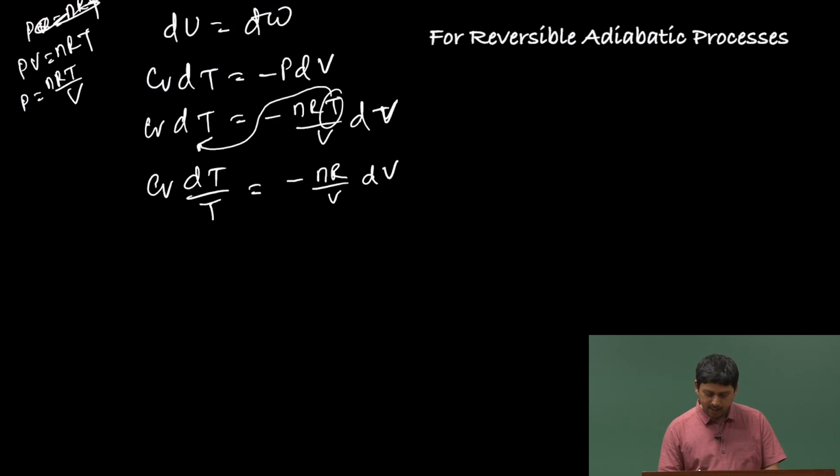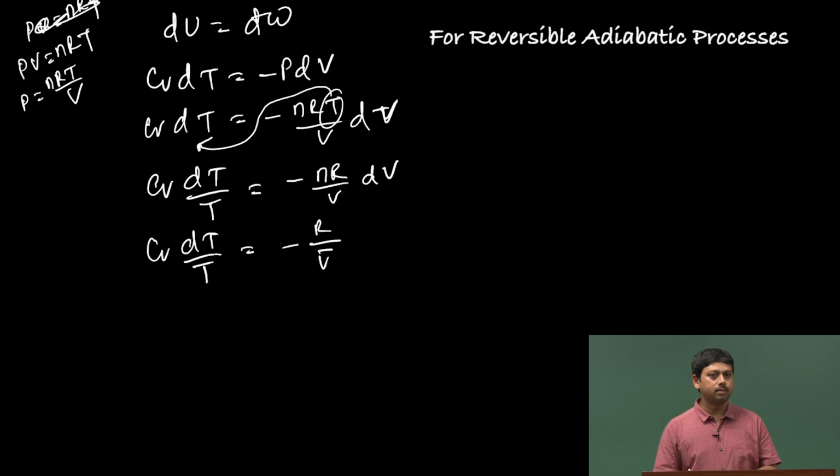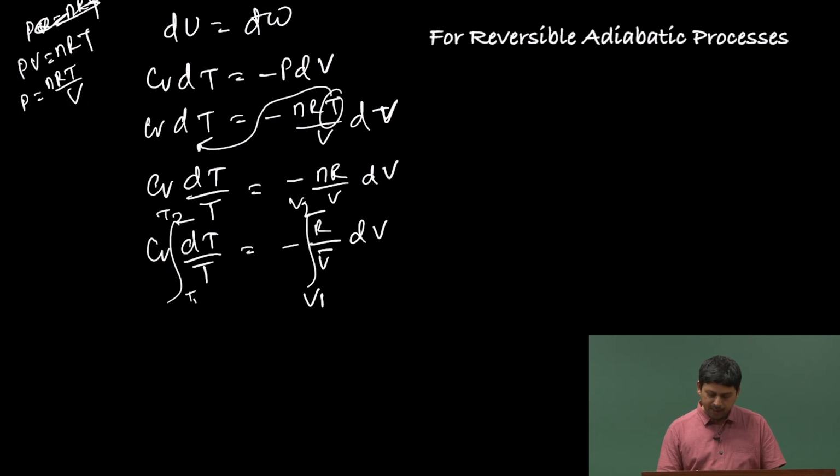Okay. Now, I can write Cv dT by T is minus R by V bar dV, where V bar is V by n, the molar volume. Now, I integrate both sides. So, when I am integrating from T1 to T2, what I am going to get is Cv ln T2 by T1.